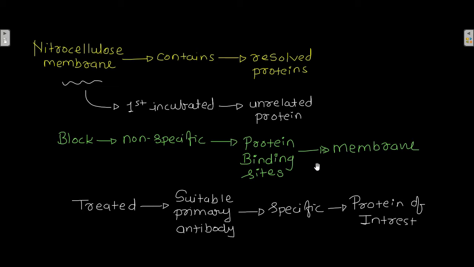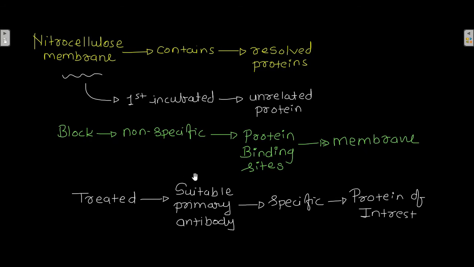After you have incubated with the unrelated protein, the nitrocellulose membrane is treated with a suitable primary antibody, which is specific for the protein of interest.